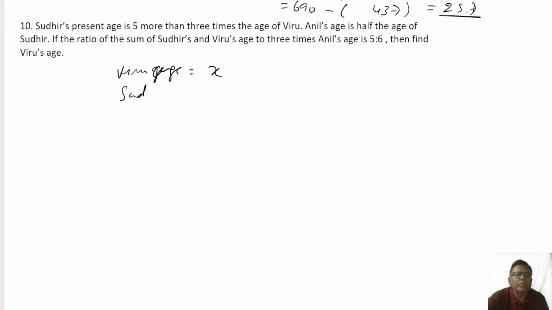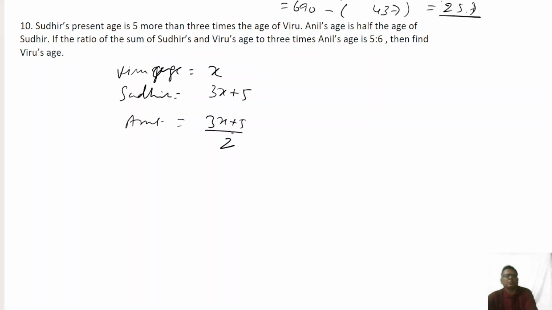Then Sudhir's present age is 5 more than 3 times Biru's age: 3 times Biru plus 5. Anil's age is half the age of Sudhir. Then Anil is half the age of Sudhir, so (3x plus 5) divided by 2.